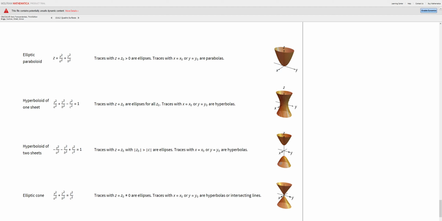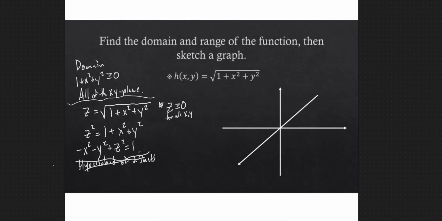And so with this output, I have z greater than or equal to 0, and what that means is I have just the upper half of this hyperboloid of two sheets. All right, there we go. So this is not a hyperboloid of two sheets, but rather the upper sheet of a hyperboloid of two sheets.